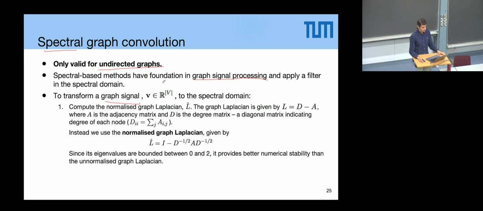If you remember, we had our feature matrix where the number of rows is equal to the number of nodes in the graph, and here we have different features like velocity along x, velocity along y, and pressure. A signal corresponds to just taking one of these columns. So we are going to be applying convolutions independently to each of the columns first.